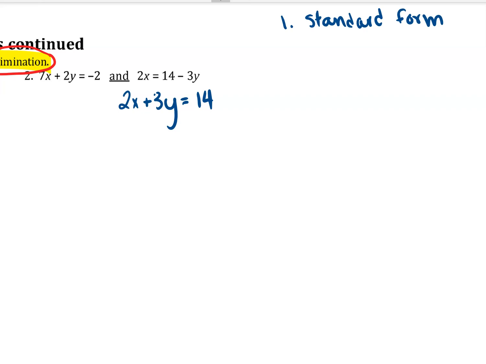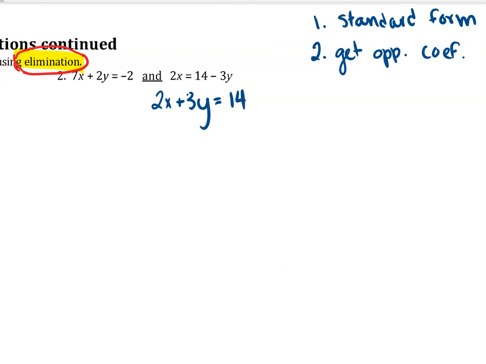Step 2 is to get opposite coefficients. Opposite, again, meaning if one's +2, the other one needs to be -2. All right, so I need to decide if it will be easiest to get 7 and 2 to be opposite coefficients or 2 and 3 to be opposite coefficients.